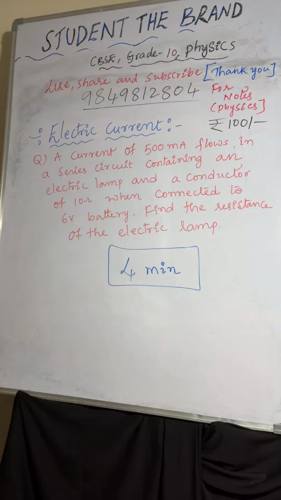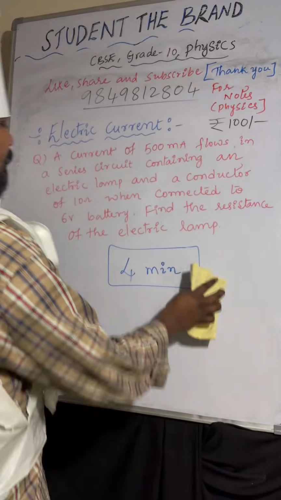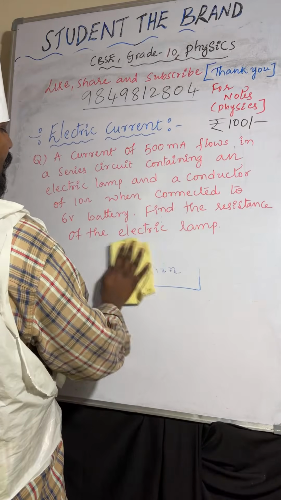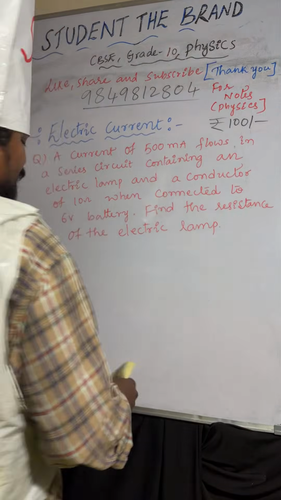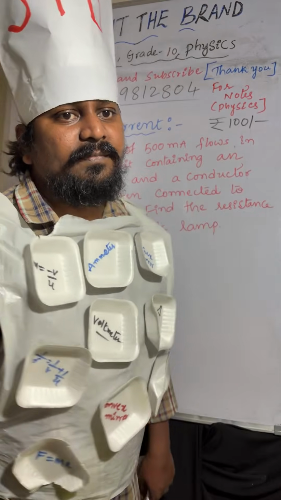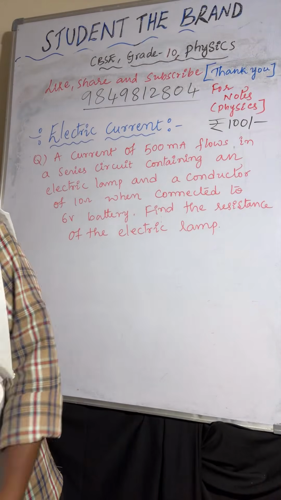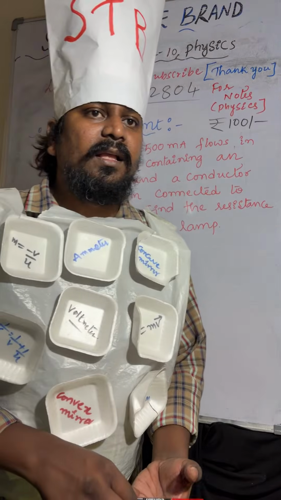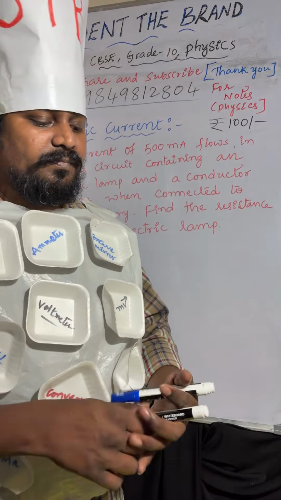So yes, correct. Most of the students said the right answer. See, when you are seeing this type of problem, first you need to identify the given data. That is very important when you are solving a physics problem.